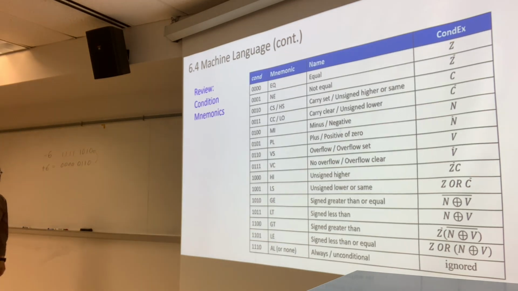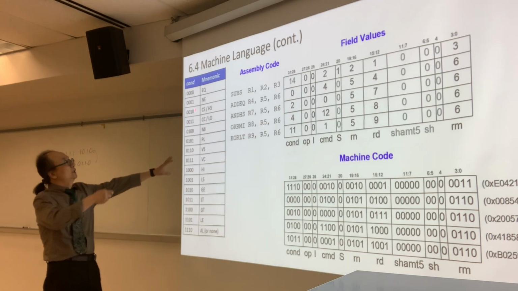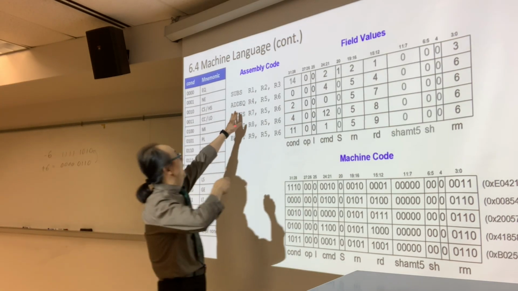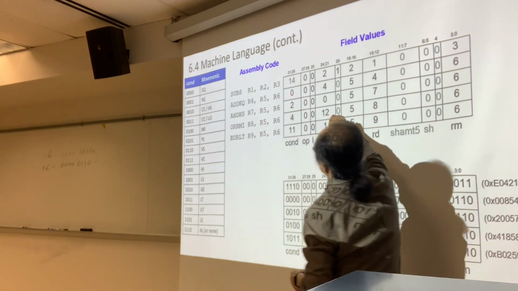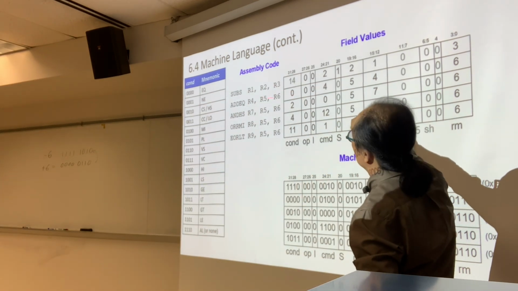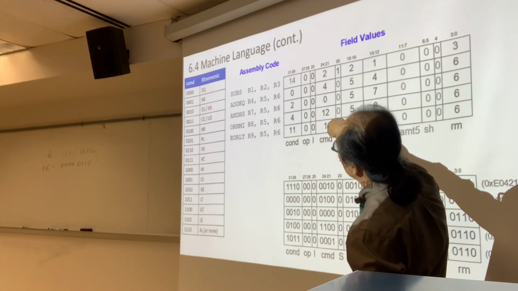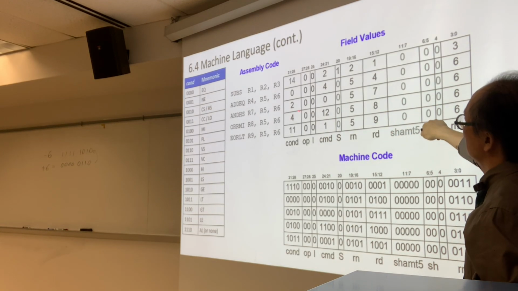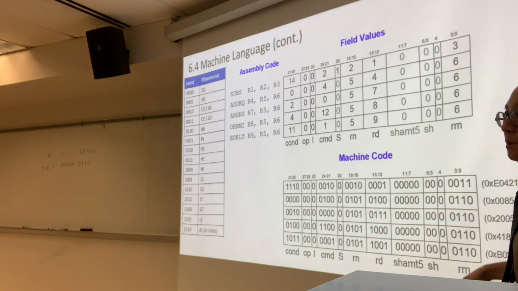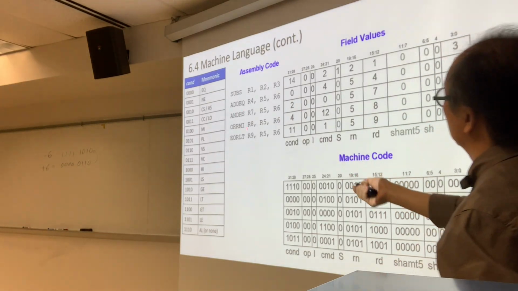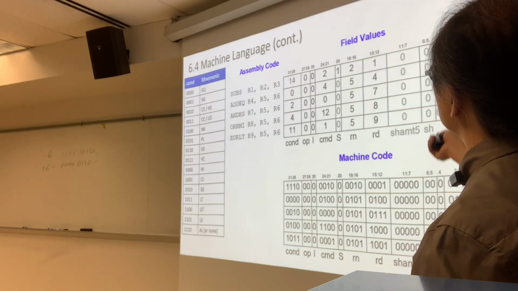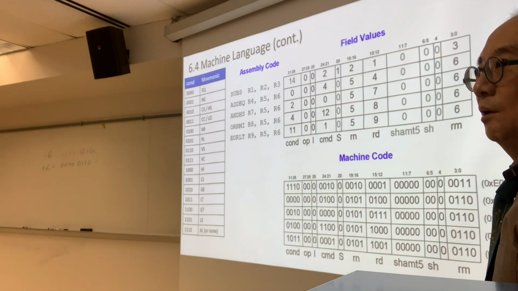So these are the condition mnemonics that you see from the handout. Here are the condition values. For EQ, obviously, we're going to put the condition as 0. And HS, where is HS? Right here, 0010, which is 2, okay? 0010. So I just listed all of those here. And then the rest is going to be the same thing, just like what we practiced.